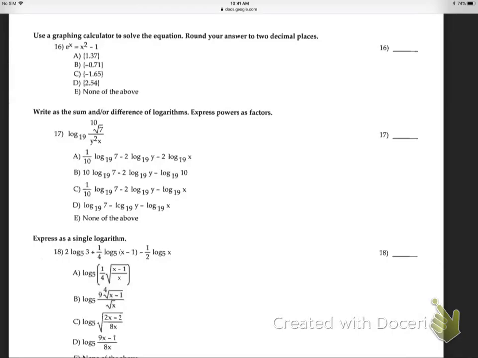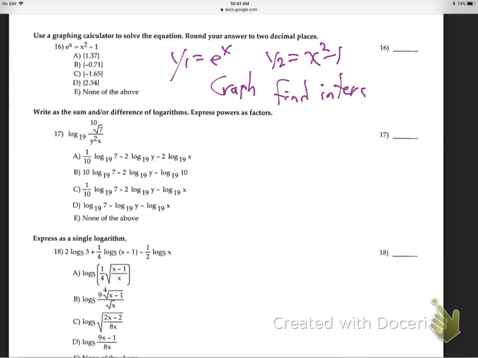I'll jump to 16 here. So graphing calculator, you let y1 be the left side, let y2 be the right side, graph them, but when you graph them, you've got to find the intersection on your calculator, and you will have to adjust your window a little bit because it's hard to see the intersection on the normal window.